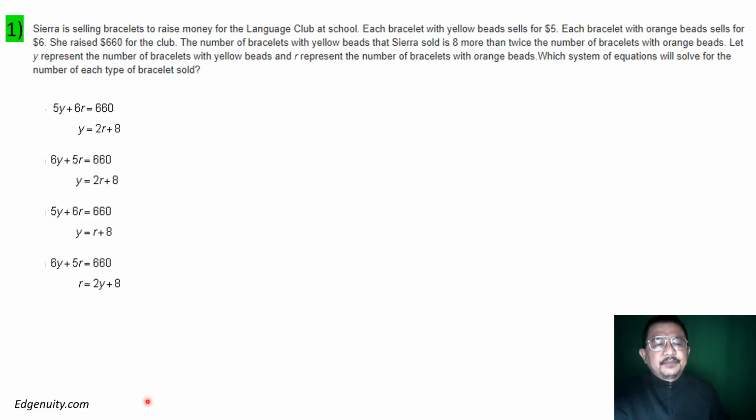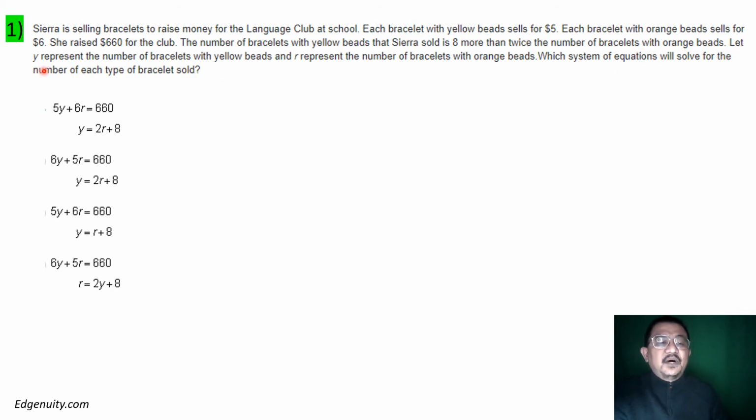All right, let's read the problem first. Sierra is selling bracelets to raise money for the language club at school. Each bracelet with yellow bead sells for $5. Each bracelet with orange bead sells for $6. She raised $660 for the club. The number of bracelets with yellow beads that Sierra sold is 8 more than twice the number of bracelets with orange beads.